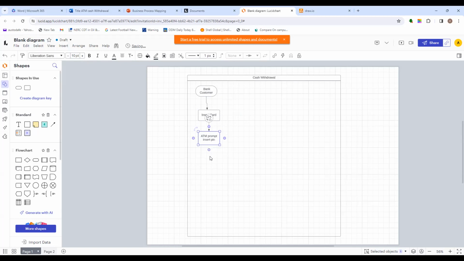Yes, what's the next? I think that's the customer enters pin. So customer enters pin. What's the next step? ATM verifies pin.